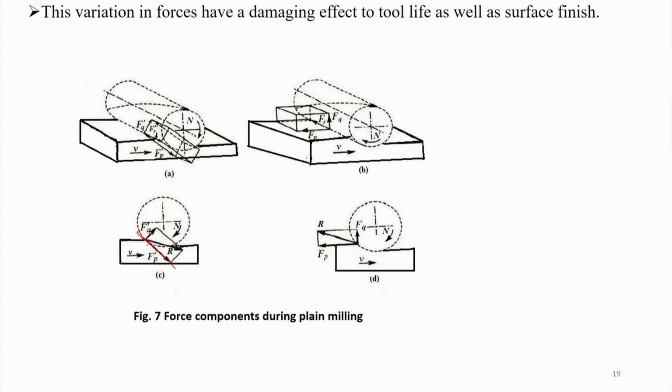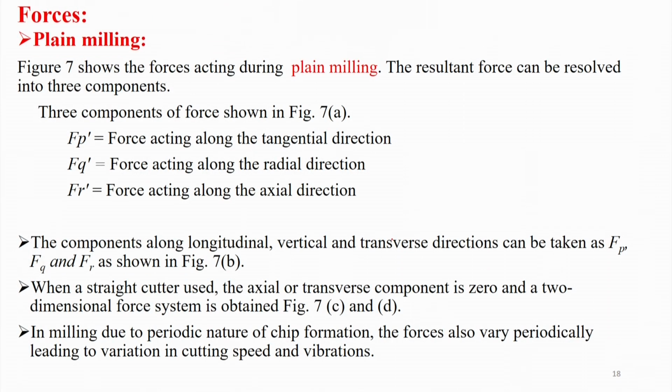So, that is why you are getting it like this, and in this case there is a force Fp, again Fq, that means the workpiece is putting a force Fq here, and also because the workpiece is actually dragging. So, this is Fp, Fq, and in the same way it has been shown.